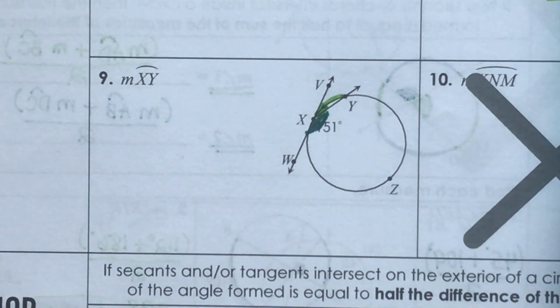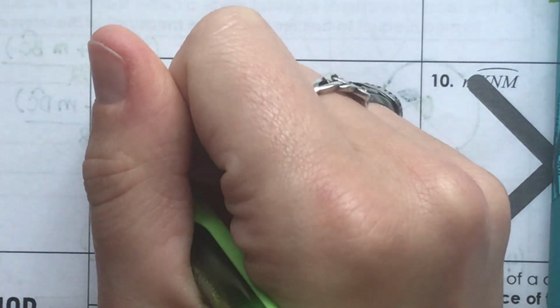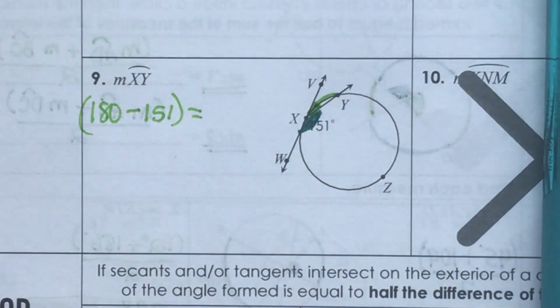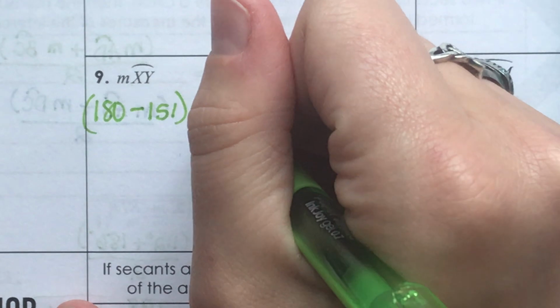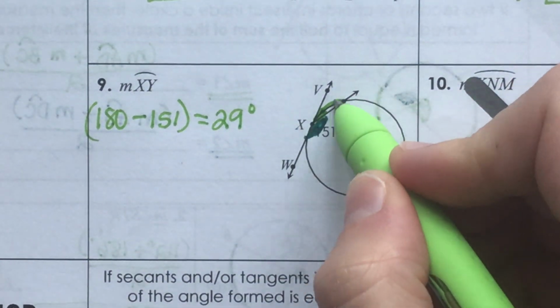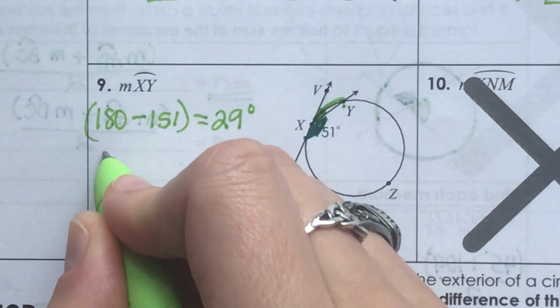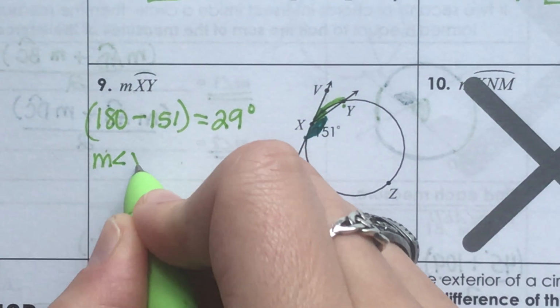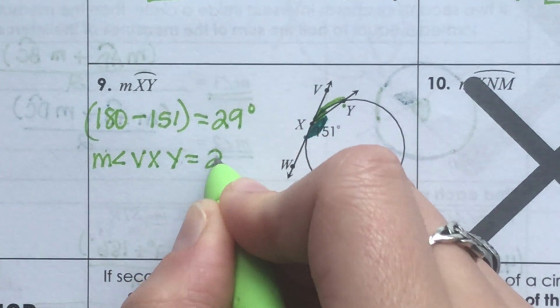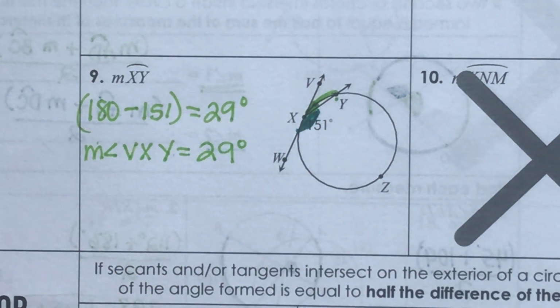So to find the green angle, I'm going to do 180 minus 151. If I do that, I get 29 degrees. Now, that doesn't mean this arc is 29 degrees. That means angle VXY is 29 degrees.